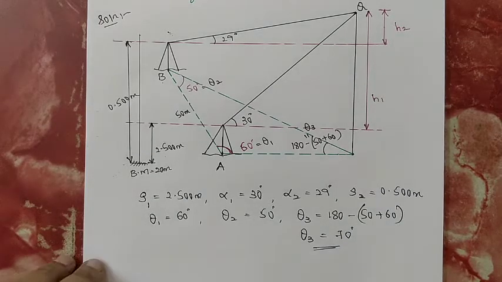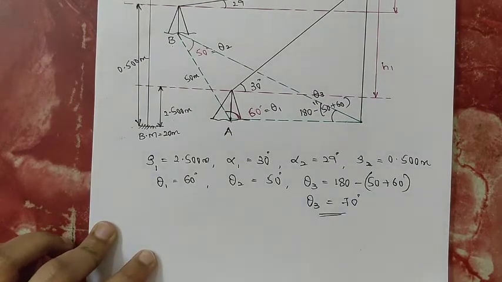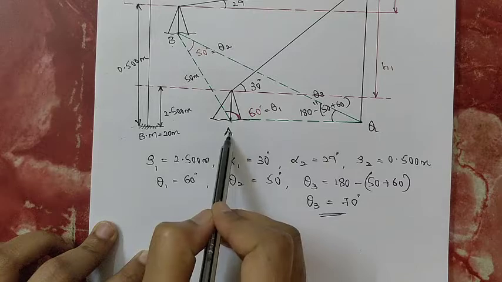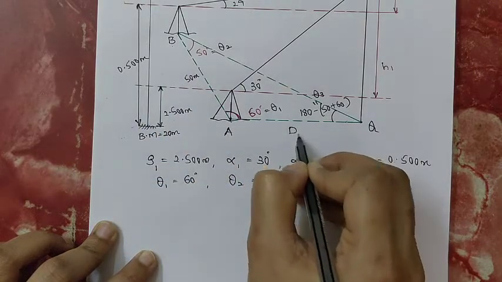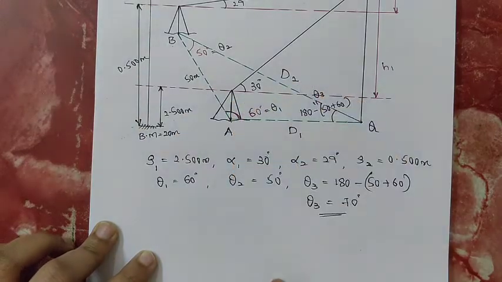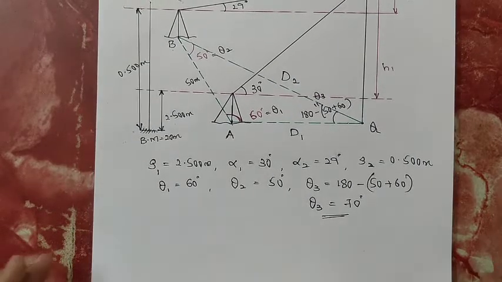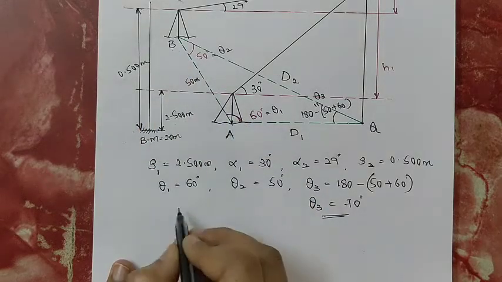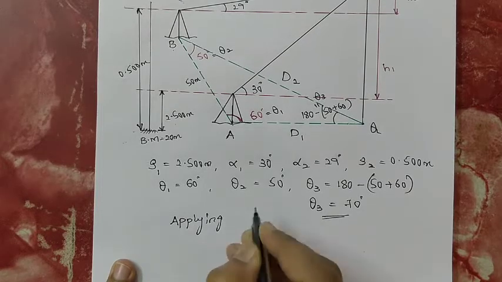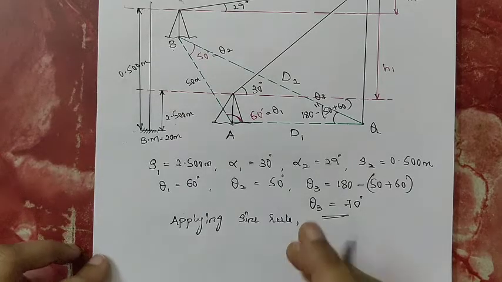Then applying the sine rule, your aim is to calculate the distances, that is the distance between A to Q. The distance between A and B station you are knowing. The AQ distance call it D1 and B to Q call it D2. Now applying the sine rule. What does the sine rule state? Side divided by sine of the opposite angle. First I will consider the AB side.